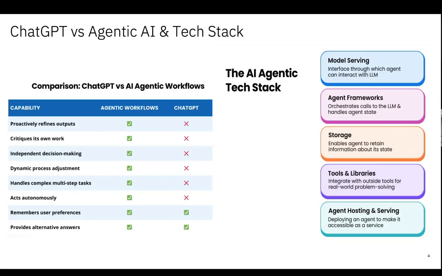And then it goes on to tools and libraries it needs to interact with to complete this task. And finally, some sort of a platform to help with agent hosting and services that provides you a marketplace-like environment. Okay. So in this talk, I'm particularly going to focus on agent frameworks and storage as what IBM is trying to do. And I'll give a little bit deeper insights into these two topics.